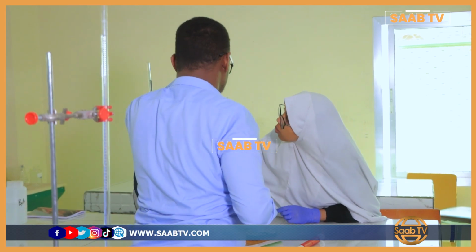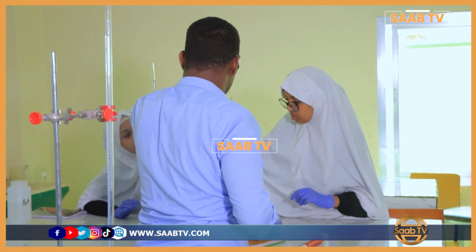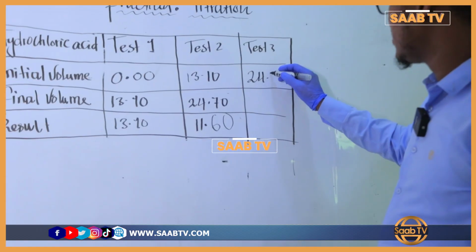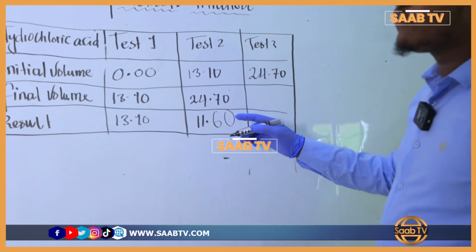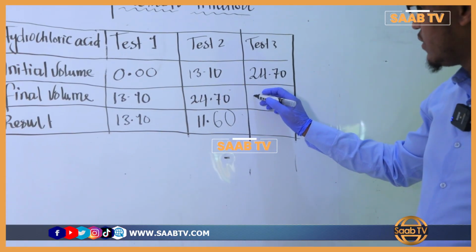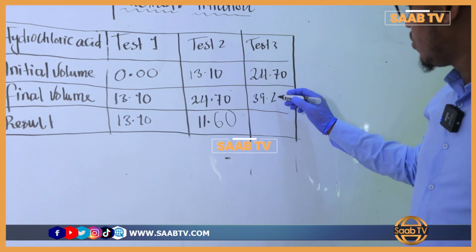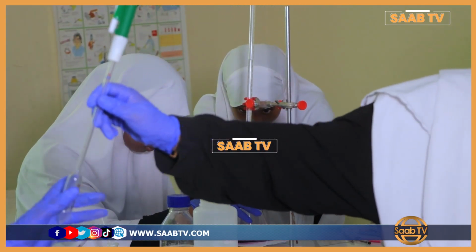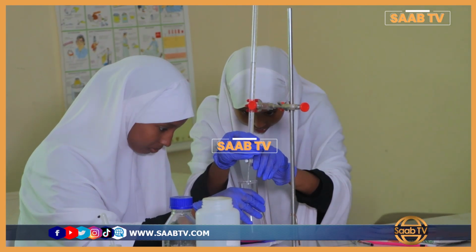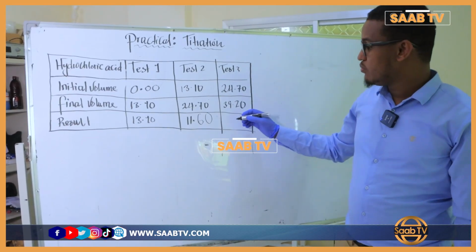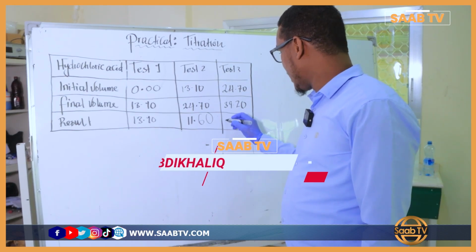The initial volume was 24.70 and the final volume is 39.20. So let's subtract these two, and we get 14.5.